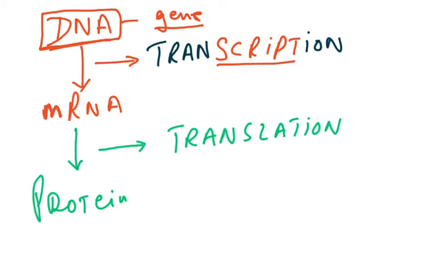Now all this is going to take place in the nucleus, and that is called transcription. And I always say that you remember it like the script of a play. So this is the script to make a protein molecule. So transcription is going to take place in the nucleus of the cell in a eukaryote.